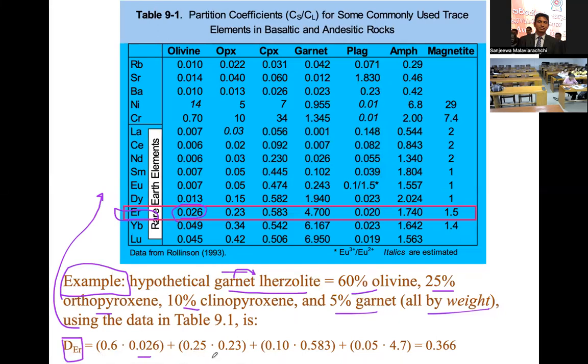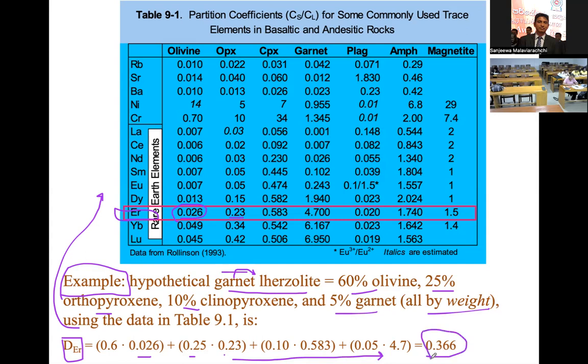Plus, you can take 25. That is orthopyroxene, OPX. Partition coefficient is 0.23, so you can have 0.23 times 0.25. So likewise, you can do the addition here and calculate a value for that.